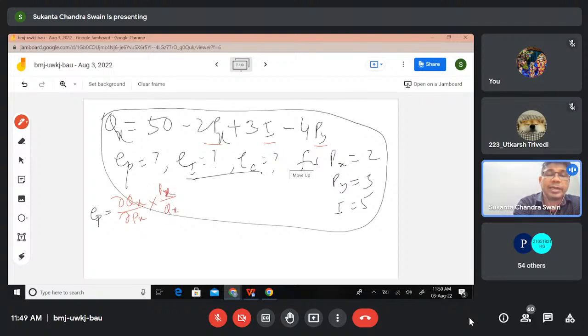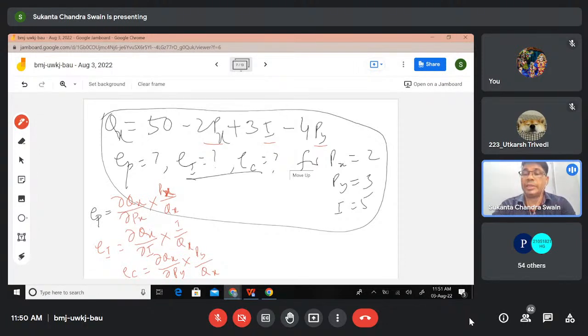The formula we are modifying a little bit. EI is the partial derivative of Qx with respect to I into I by Qx. EC is the partial derivative of Qx with respect to Py into Py by Qx.